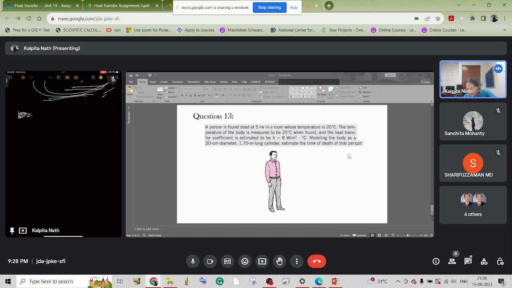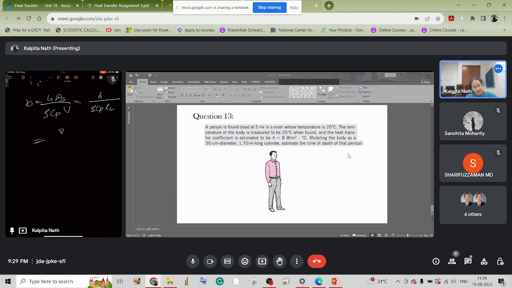We know the equation: T minus T infinity, that is the ambient temperature, over the initial temperature minus the ambient temperature, is e to the power minus bt, right? Here b will be h As upon rho Cp V, that is h upon rho Cp Lc, since V upon As is Lc, the characteristic length.